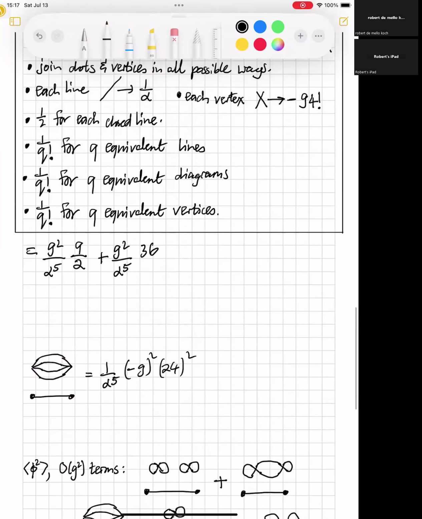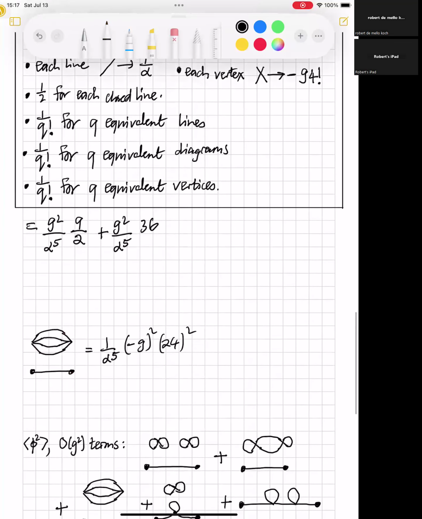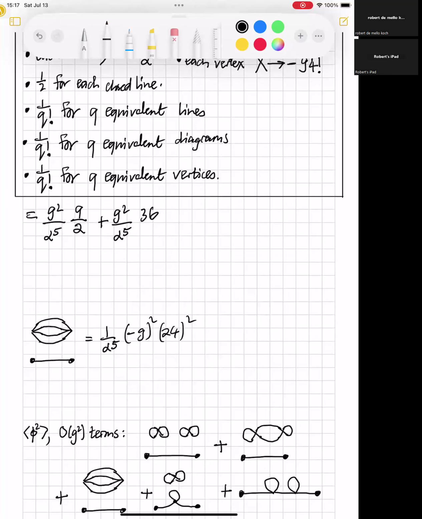Then what do we need to start doing? Well, let's look at our rules. There's a 1/2 for each closed line. Well, none of these lines are closed. None of them start and end at the same point. There's a factor of 1 over q factorial for equivalent lines. Now look at this.